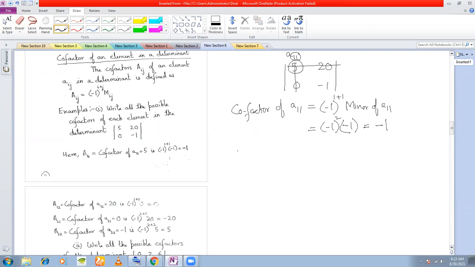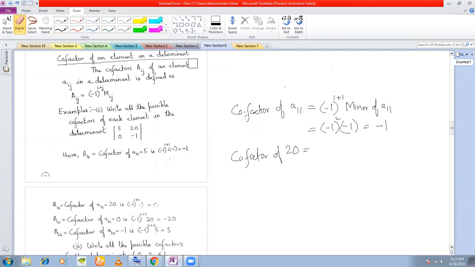Next, if I want to evaluate the cofactor of say 20, this element here, how will I evaluate? Let me just rewrite the determinant. 5, 20, 0, -1. If I want to evaluate the cofactor of this element, this is the first row, second column element, right?